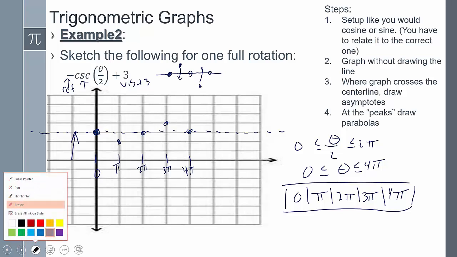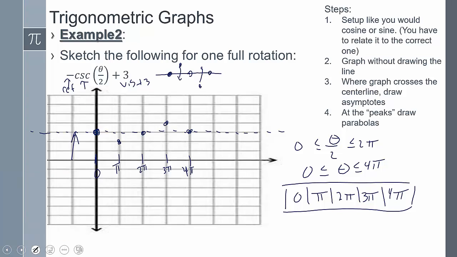So now, to change it into the cosecant graph, where it crosses the center line, you draw in your vertical asymptotes. Then at the amplitude, we draw the parabola-looking things, but remember they're not parabolas, they just look like parabolas. And I can clean it up, I can get rid of those dots. And there's our cosecant graph.